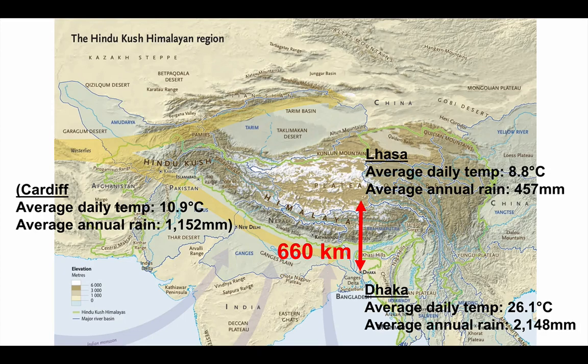Before those mountains rose, that heat that is trapped across the Indian subcontinent would have been transferred further north. The moisture that falls in such abundance in the Indian subcontinent would also have travelled further north. This would have had a huge impact on the climate.